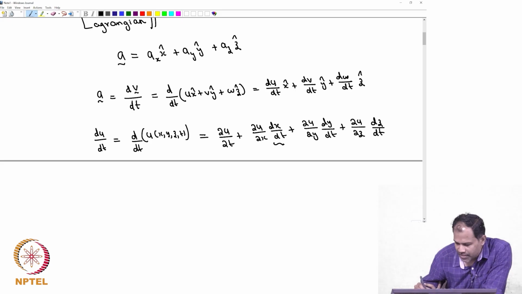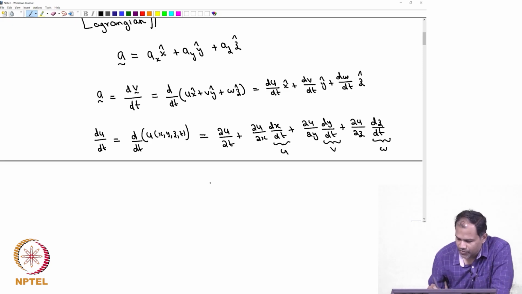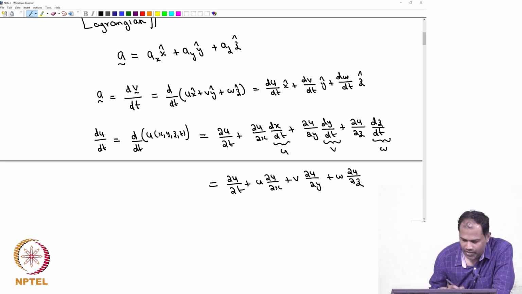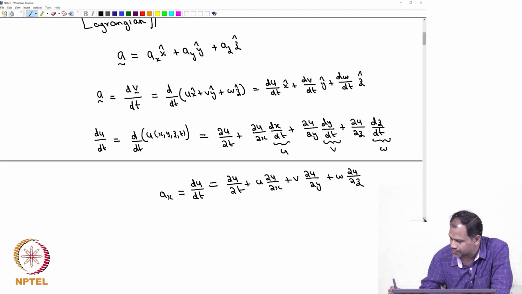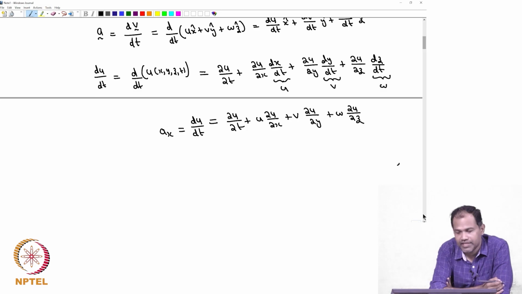Now, remember dx by dt is nothing but u, dy by dt is v, dz by dt is w. Therefore, this is equal to dou u by dou t plus u dou u by dou x plus v dou u by dou y plus w dou u by dou z. So, that is what we have calculated as du by dt, which is nothing but ax. So, that is the component of acceleration in the x direction.